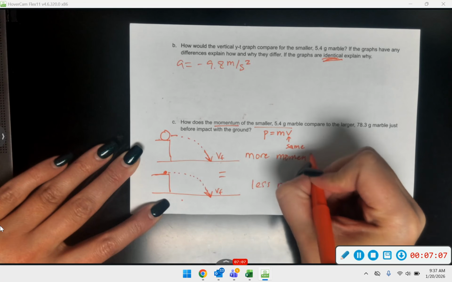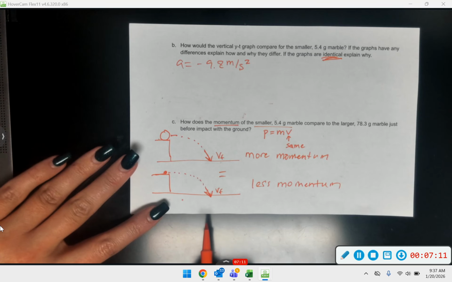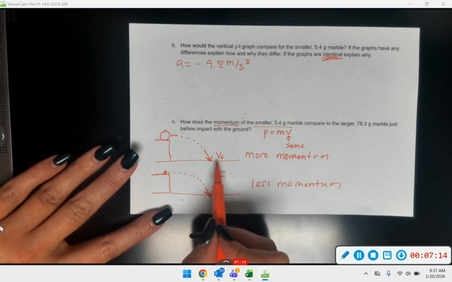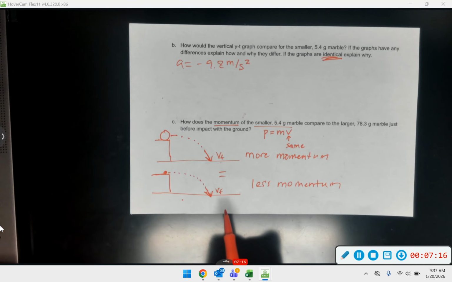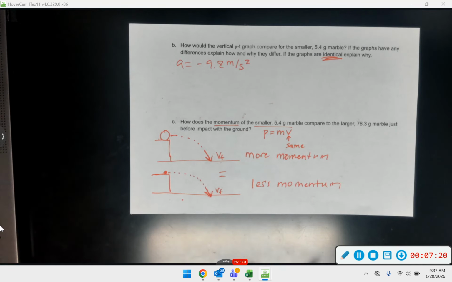But it's not because they have a different velocity, rather it's because they have different masses. They'll hit the ground with the exact same velocity, the exact same place, the exact same time, the exact same angle. Everything's identical except their masses. And because their masses are different, their momenta are as well.